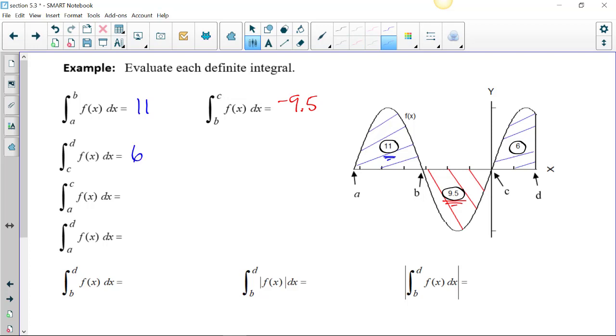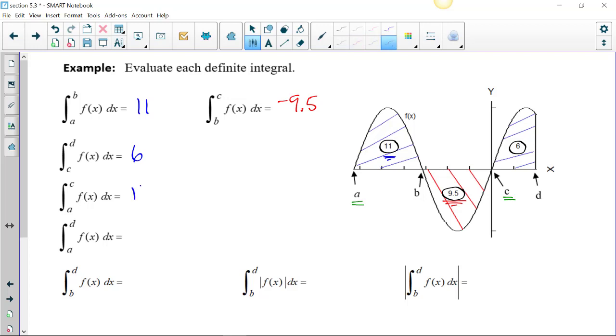Okay. Now, when I go from A to C, then it's the sum of those signed areas, or top minus bottom, whatever you prefer.